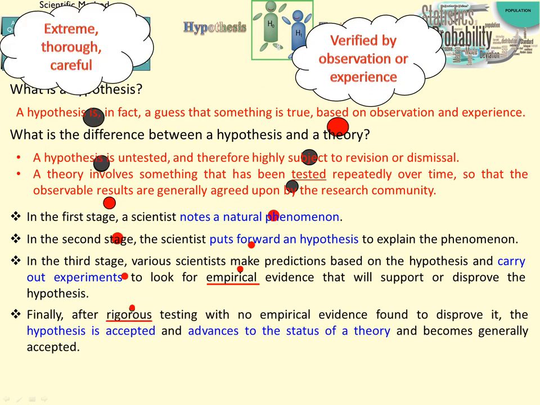After rigorous testing, and that means extremely thorough and careful, with no empirical evidence found to disprove it, the hypothesis is accepted and advances to the status of a theory and becomes generally accepted.